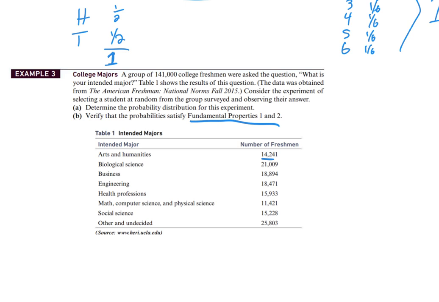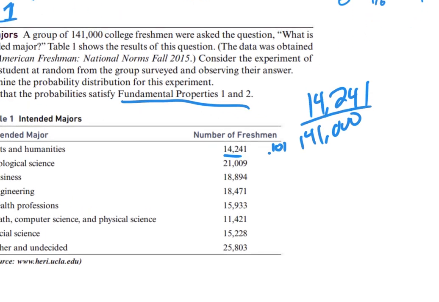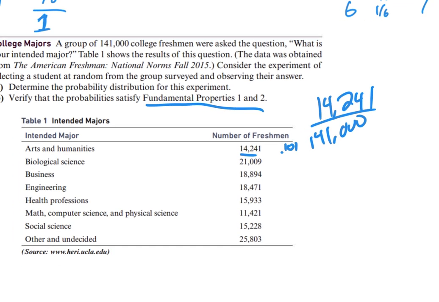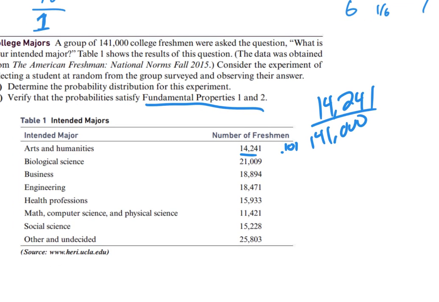We take 14,241 and divide it by the total, 141,000, and that'll give us an answer of 0.101. So the probability that a student selected is an arts and humanities major is 0.101, about 10%.